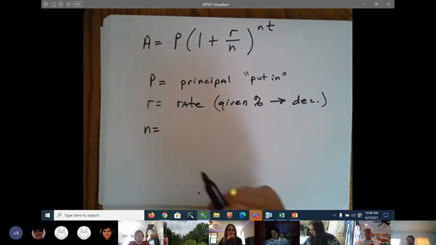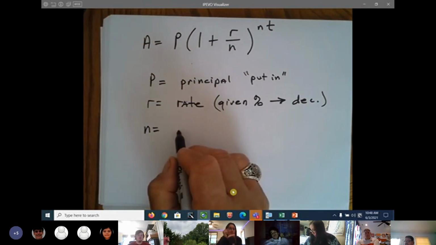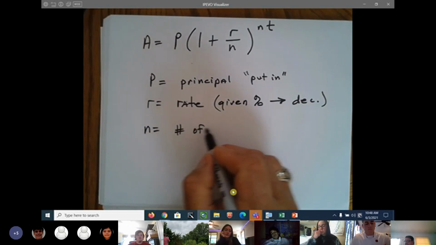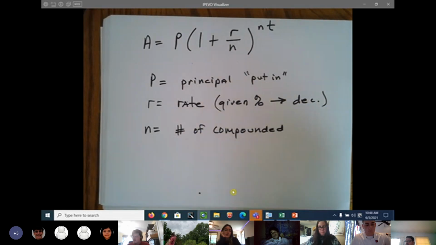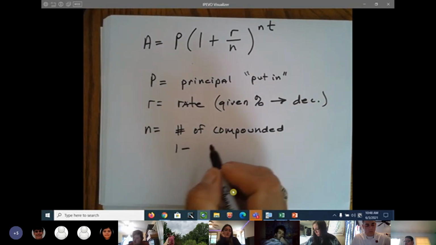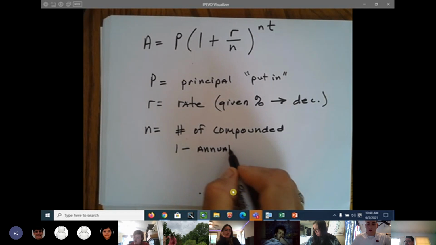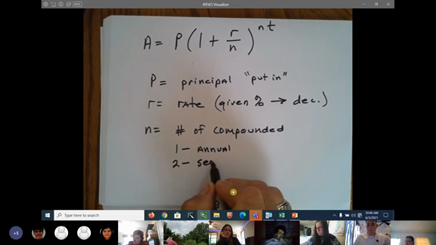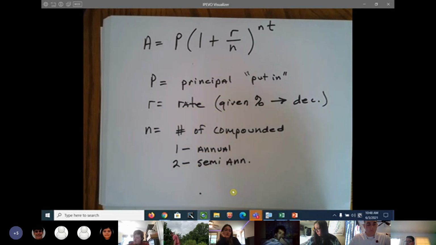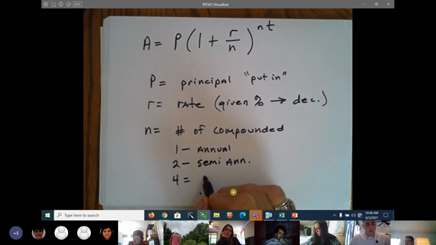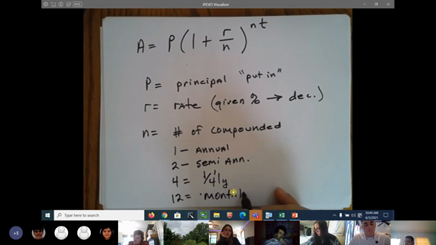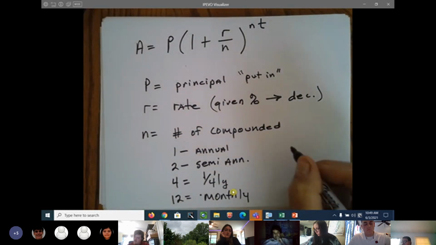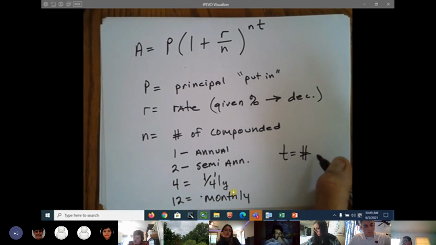N is the number of times compounded, or calculated. And just as a refresher, 1 time a year means annual. 2 times a year means semi-annual. 4 is equal to quarterly. And then 12 is equal to monthly. And then T is equal to the number of years.